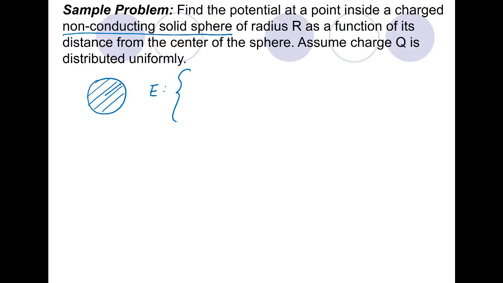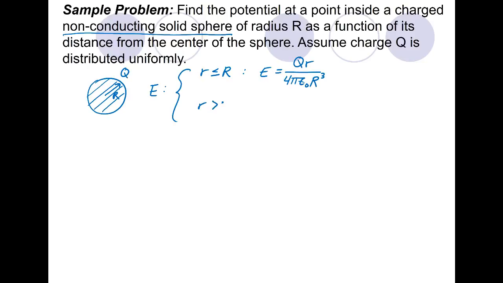Okay, so if this thing has a radius of big R, when little r is less than or equal to big R, E is equal to the total charge times little r over 4 pi epsilon naught big R cubed. And that was something that we came up with last time, in the Gauss's law chapter.